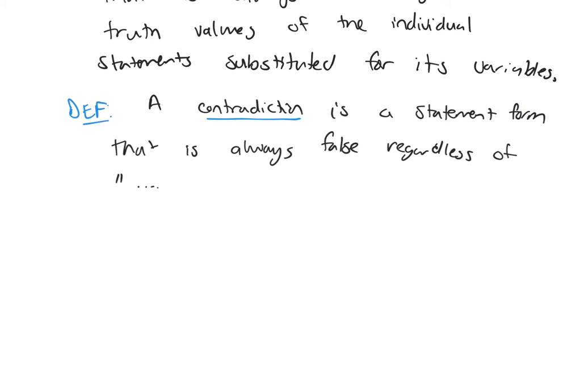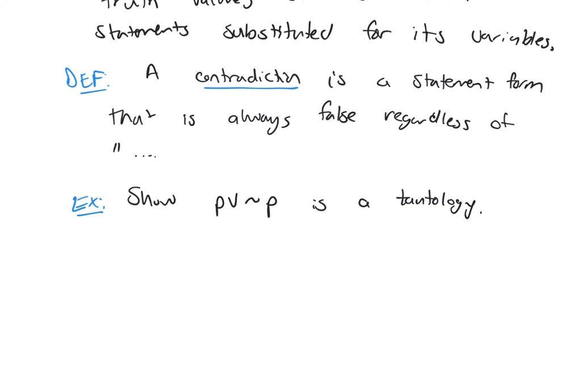So let's look at a couple examples. Let's show that P or not P is a tautology. Here I only have one variable, P, which means my truth table has 2 rows in it.